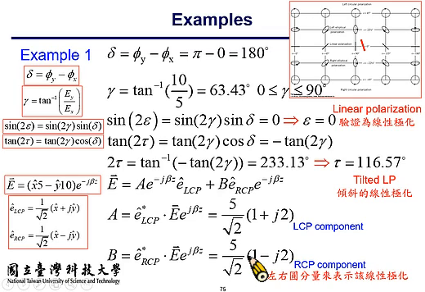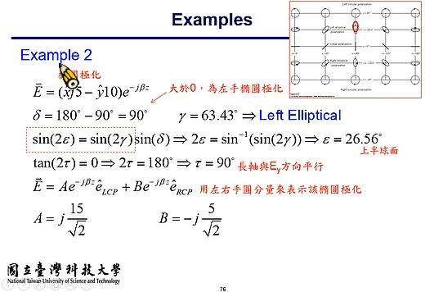As you can see here, the magnitudes of the two components are the same. What is the implication of that? It's linear polarized, because the RCP and LCP components have about the same weighting.